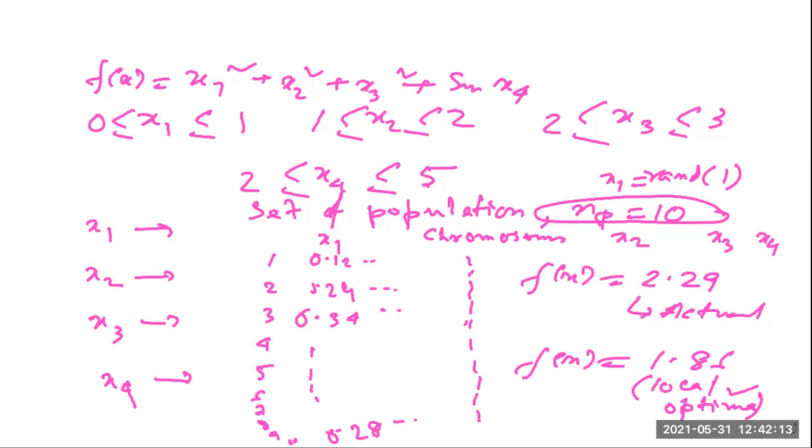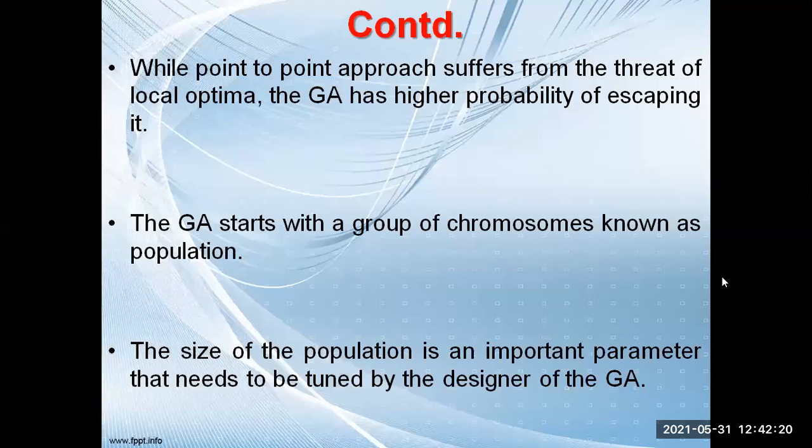While the point-to-point approach suffers from the threat of local optima, the GA has a higher probability of escaping it. So this genetic algorithm can overcome the local optima and reach the global optima, that means it can reach the value of 2.29.